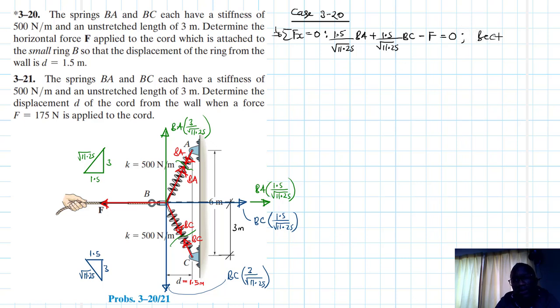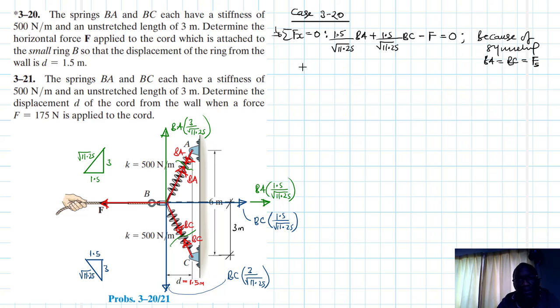Because of symmetry, we know that BA is equal to BC, which we are just going to call equal to Fs.